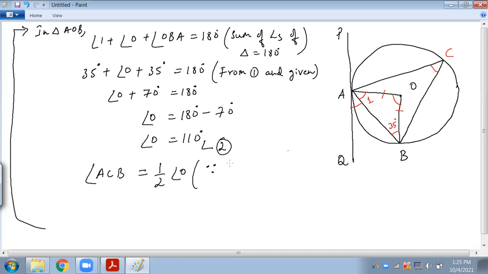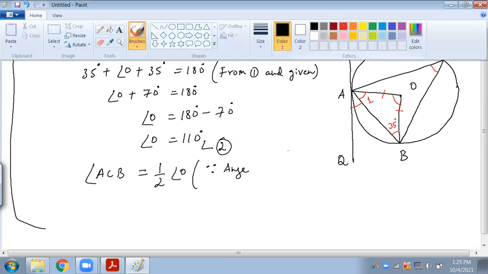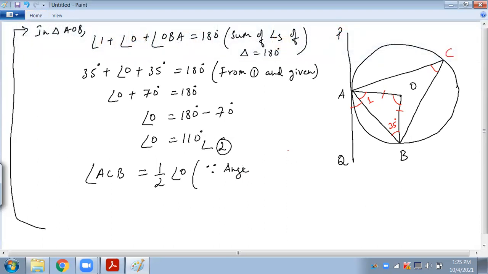Since the angle at the circumference is half the angle at the center.